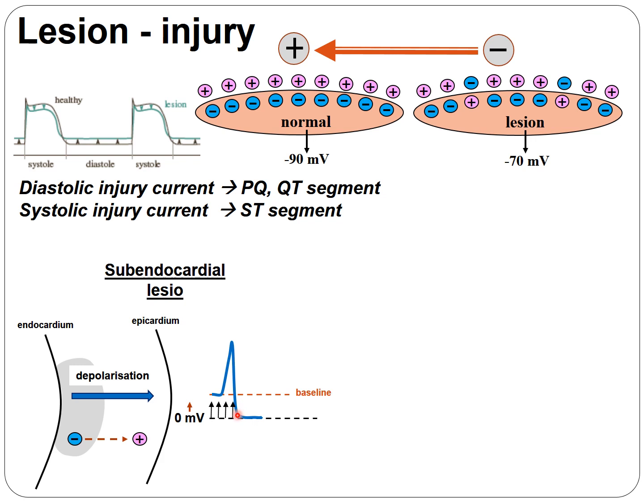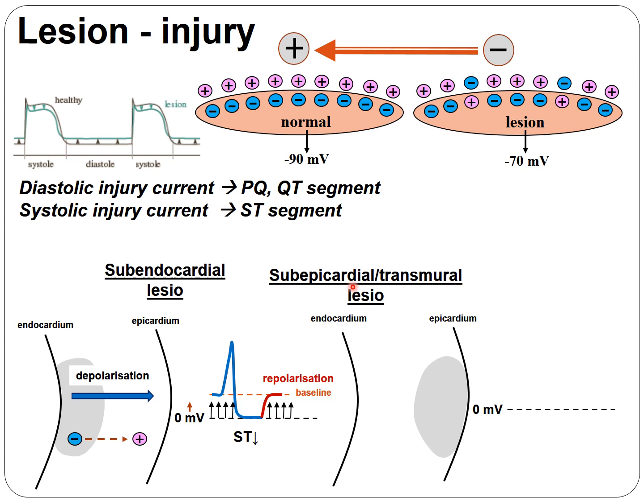However, when we depolarize the endocardium and the epicardium, all has the same charge, there is no further charge difference, so we fall back to the absolute zero baseline. During the repolarization, again, we build up the diastolic injury current, and as you see here, this is manifested as an ST depression. So ST depression, or subendocardial lesion, means there's an angina. This is the picture of angina.